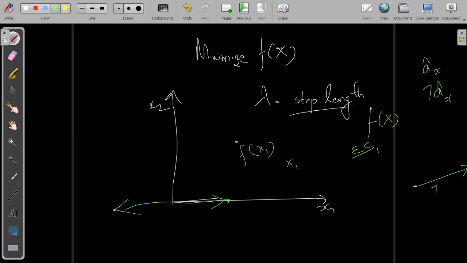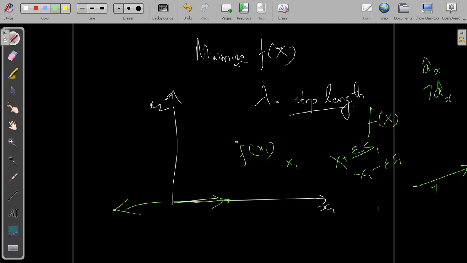So first of all we will calculate x1 plus epsilon s1, and then x1 minus epsilon s1. These two values we will calculate.